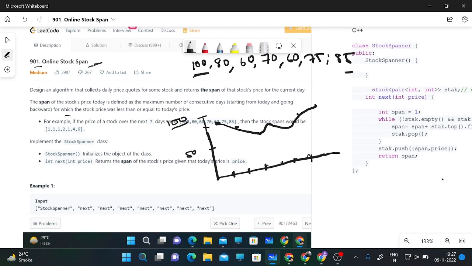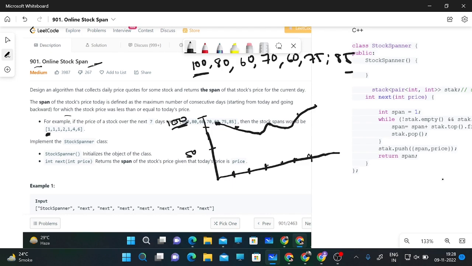There is no data for previous days, so there is no value. There is only one value, that day itself, that is 100. The stock price 100 is equal to today's price, so we will return 1 here.